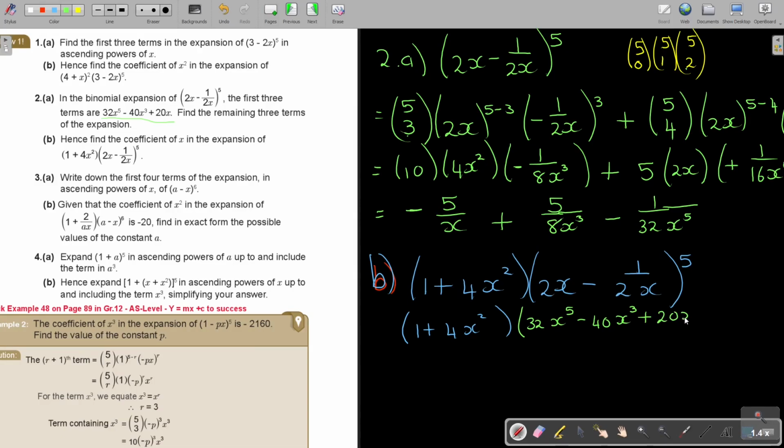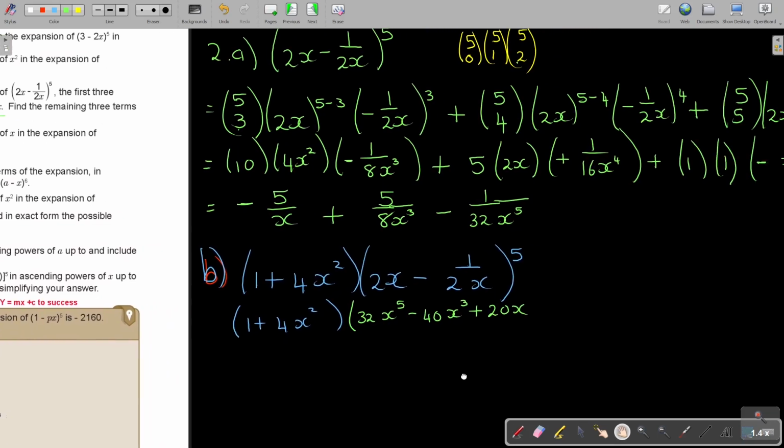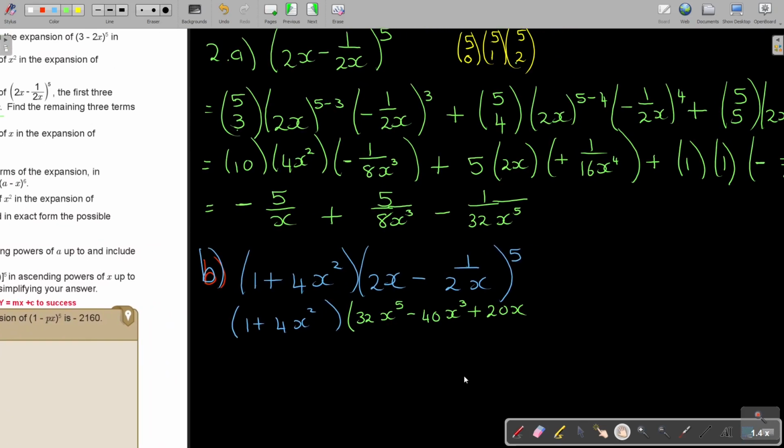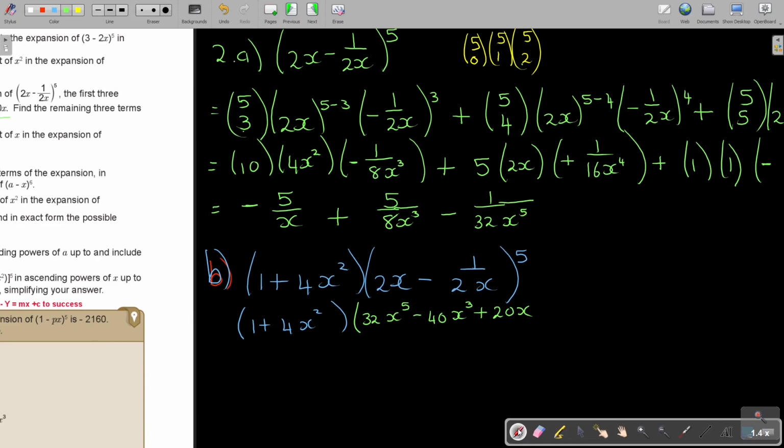That's what they gave me. Now I'm going on with mine. Can you see how the negative and the positive are making turns? Then it's going to be negative 5 over x plus 5 over 8 x to the power of 3 minus 1 over 32 x to the power of 5.